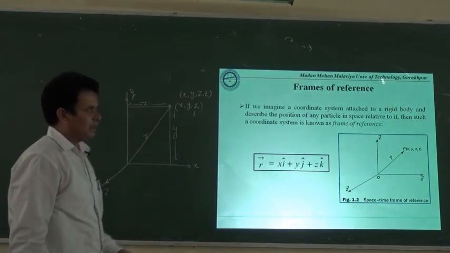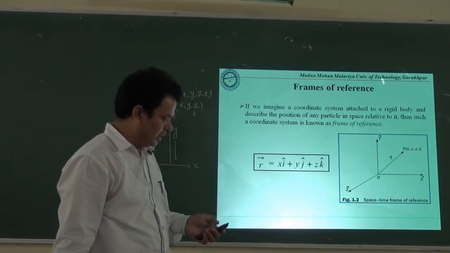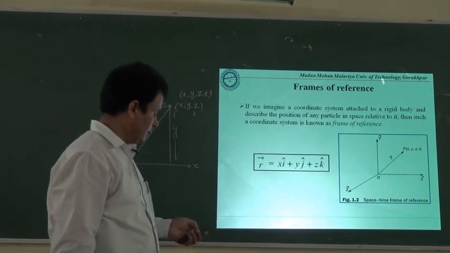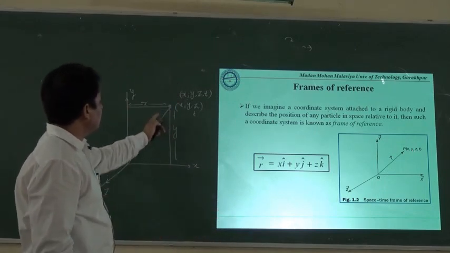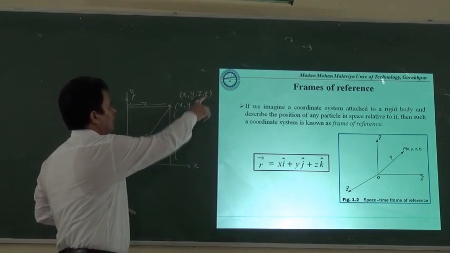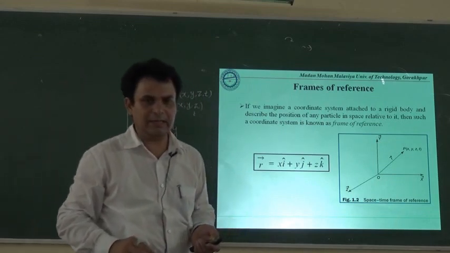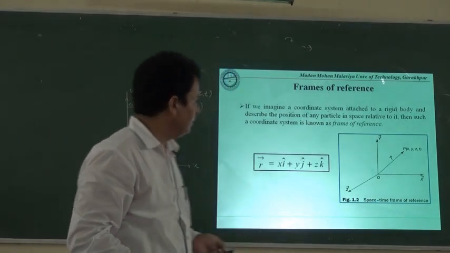So according to that, we have the position of this particular point P: X, Y and Z. If anybody includes the time of occurrence, then that is also included here, and hence the complete information for P can be given as X, Y, Z and T.